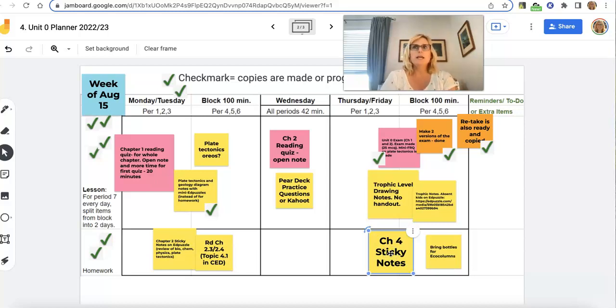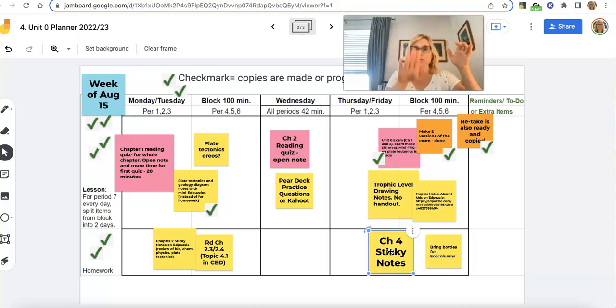But my students said flipping that around was more helpful because when they heard me talk through the chapter first via sticky note videos, then they understood it better when they had to read it. And so for the rest of the year, I'm going to do my sticky note lectures first.